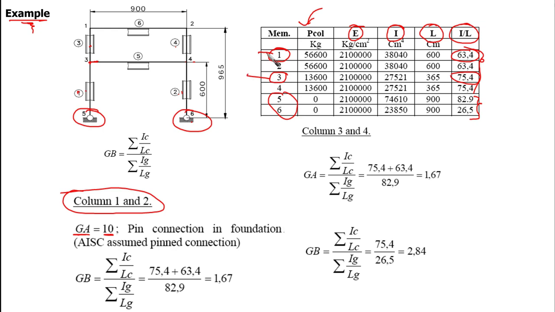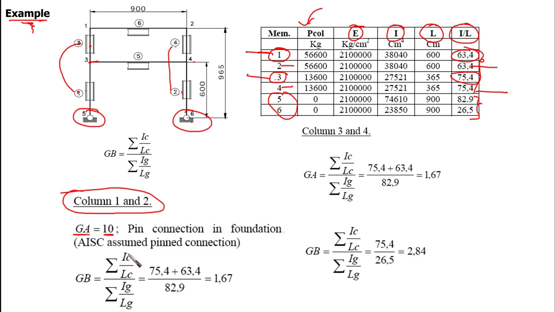Okay, 1 and 3. Yes, I mean they are not the same, but 1 and 3 are equal to 2 and 4. 2 and 4 also 63.4 and 75.4. This means that for members 1 and 3, I and L are equivalent to members 2 and 4, so we're going to calculate it only once.